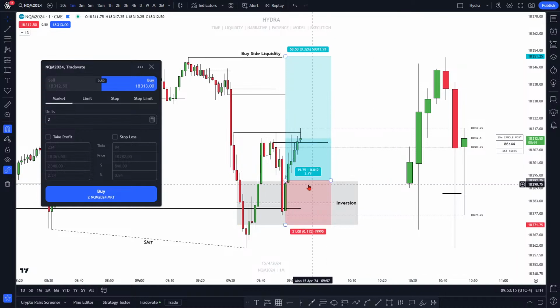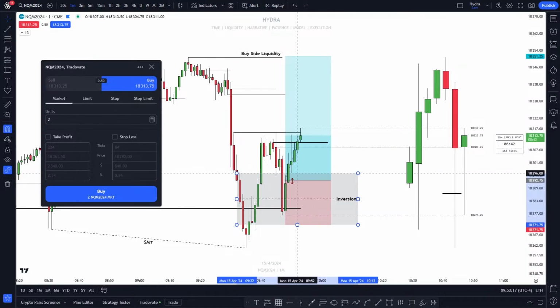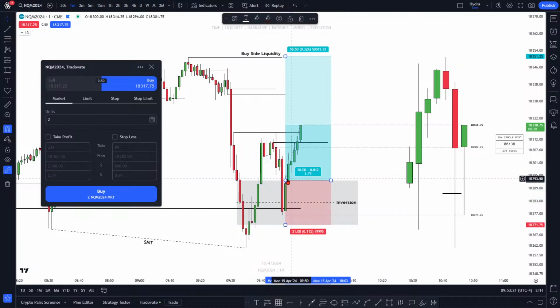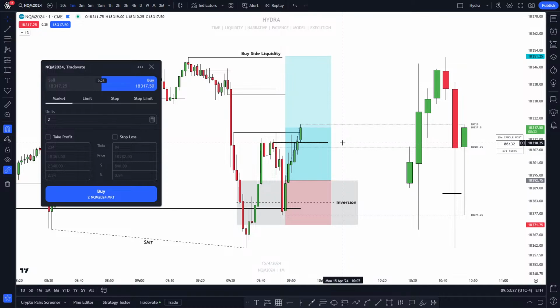If price was inside macro, I would have put a limit order here. That's what I did on my demo, with a stop loss just down here. So a demo trade is running, but I'm not in this position. So far it's delivering 100 ticks.